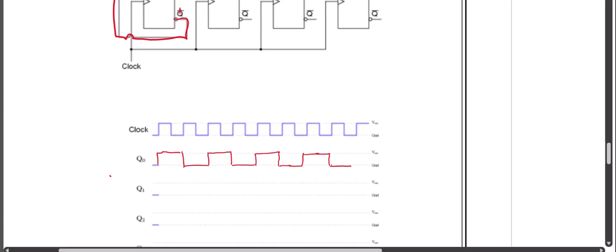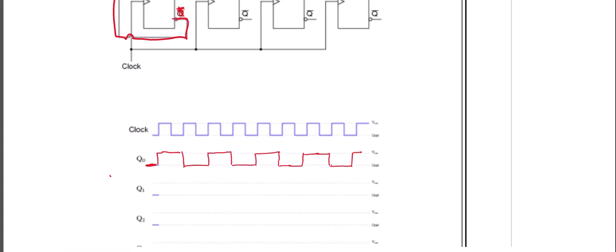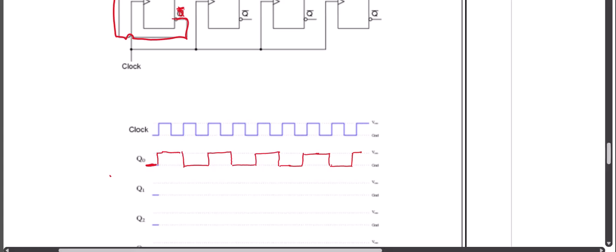How does this value get determined exactly? Okay, so it looks at the positive edges. It sees its input is Q bar, right here. That means its input is the not of what it was before. So when it starts, Q is 0, so the not is 1.